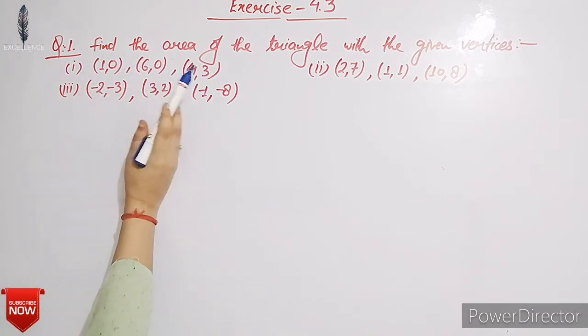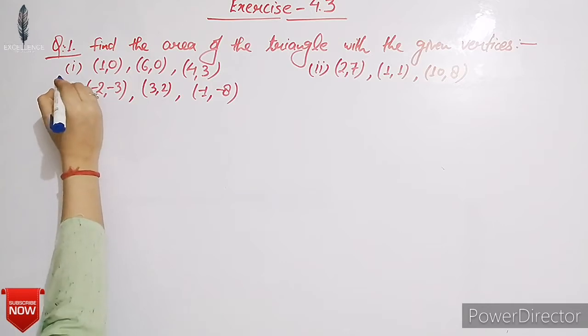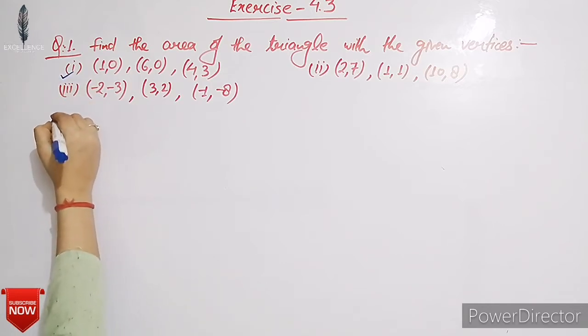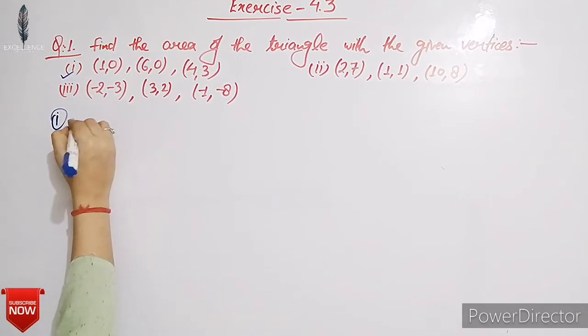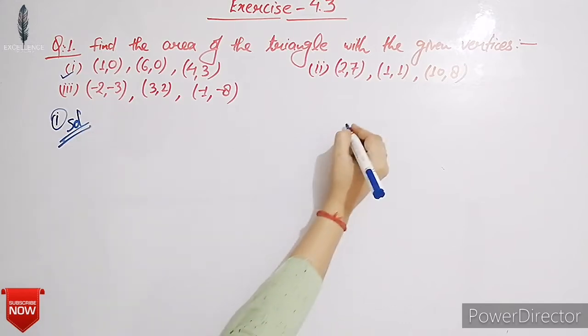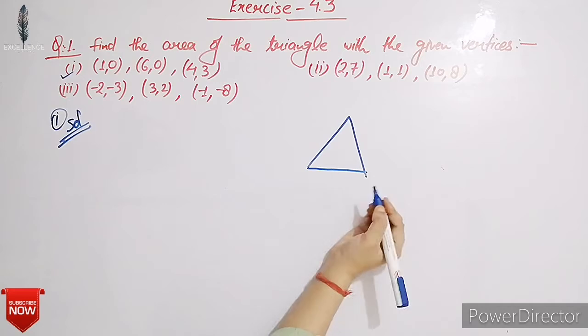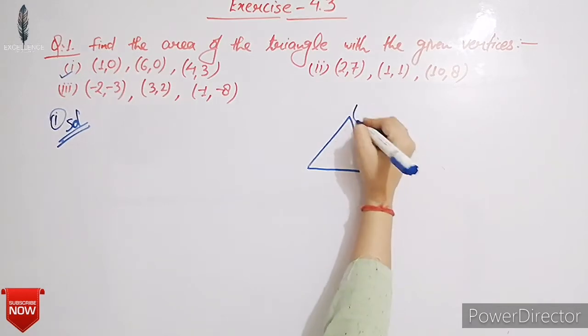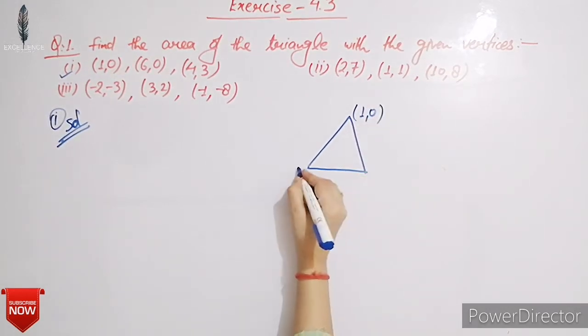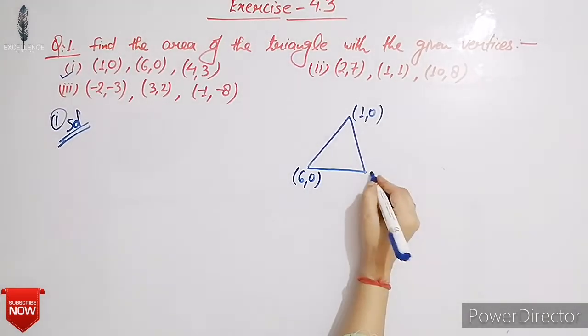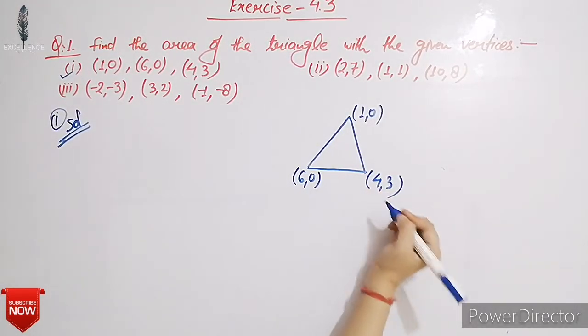Question number 1 is, find the area of the triangle with the given vertices. Let's solve the first. In first part, we have a triangle with vertices (1, 0), (6, 0) and (4, 3).